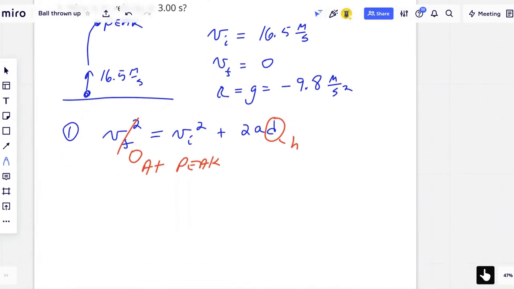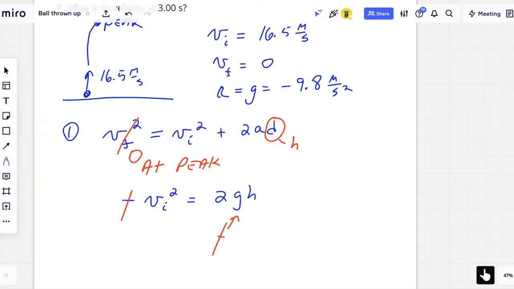So when we do some algebra here, we subtract the v initial squared from both sides. We get 2gh because the acceleration is gravity. Because gravity is negative, these cancel out.